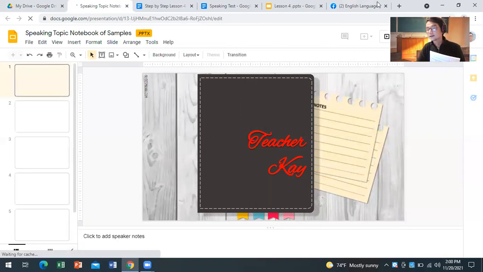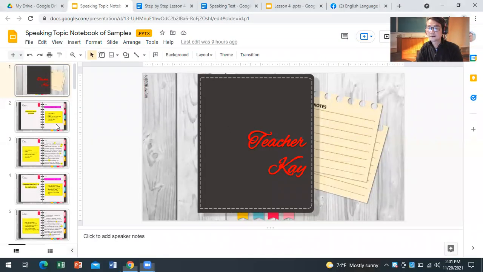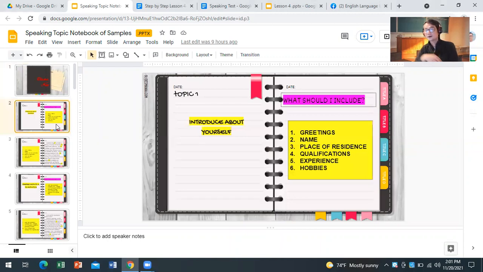But this one I shared, so you don't see it. So let me stop sharing. You can write in a notebook like this, or you can create it on Google Drive or in a document. So this is what I do.